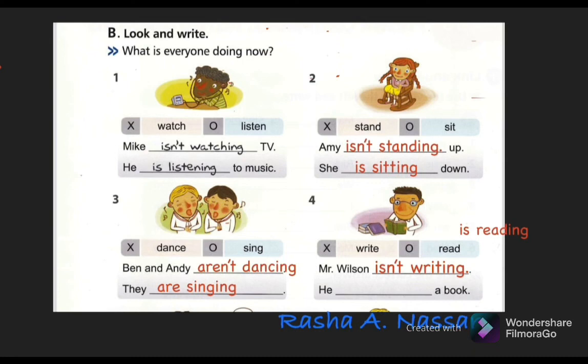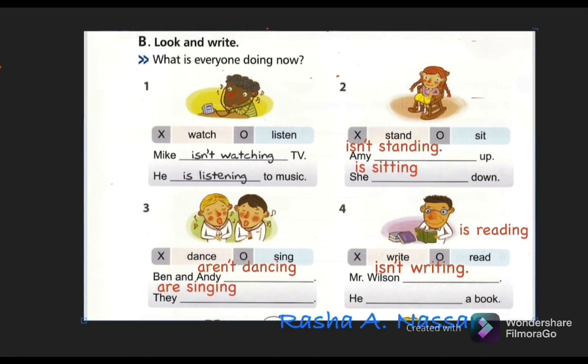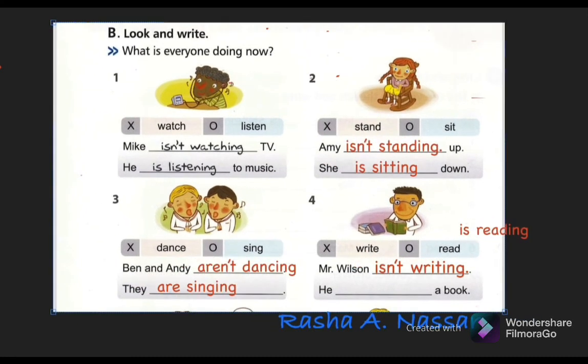And if I see am not or is not or are not, I will put ing again. So Mr. Wilson isn't writing. So what is he doing now? He is reading.